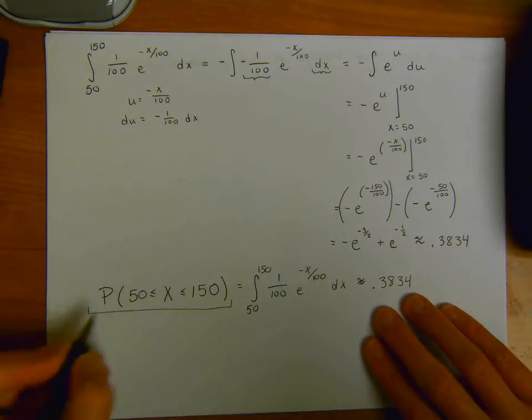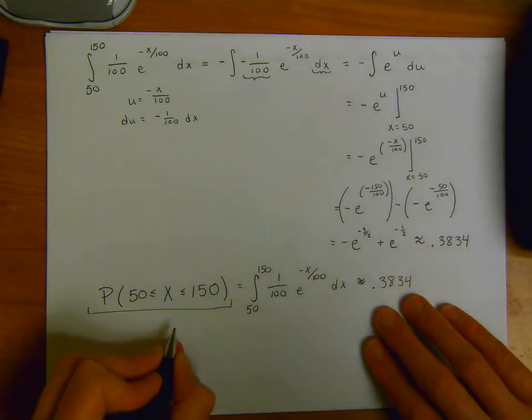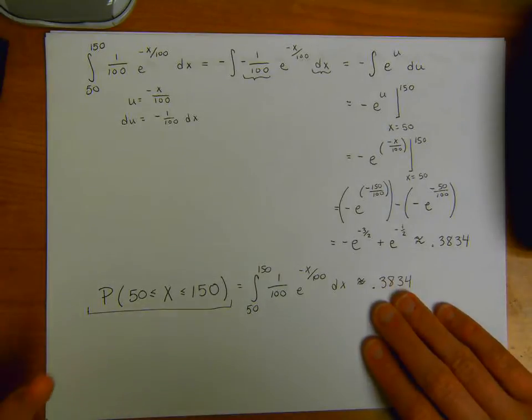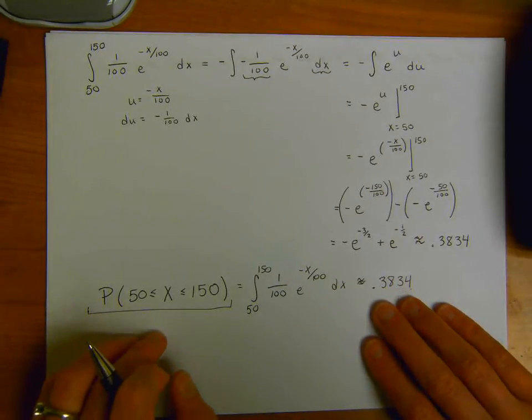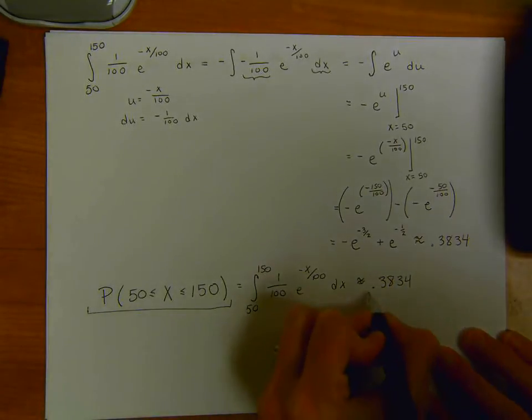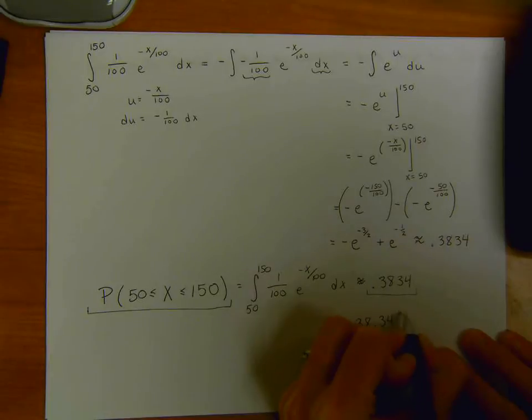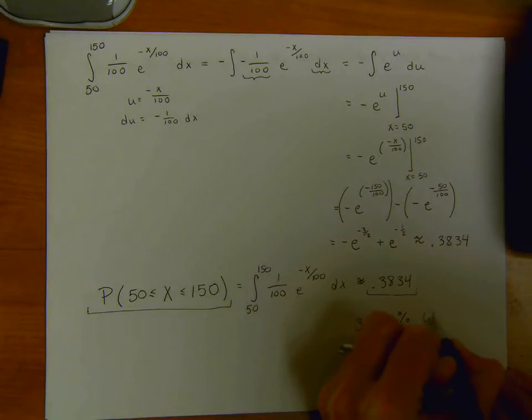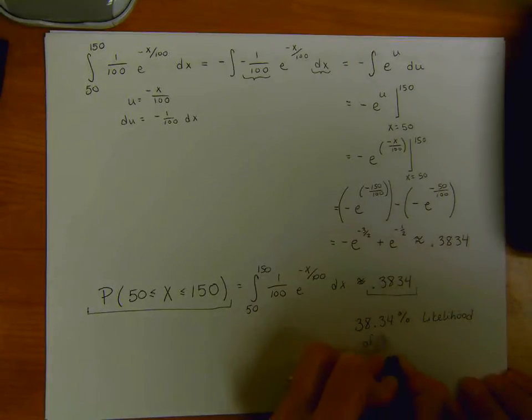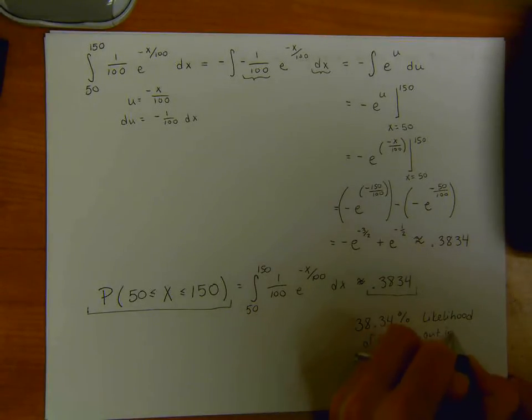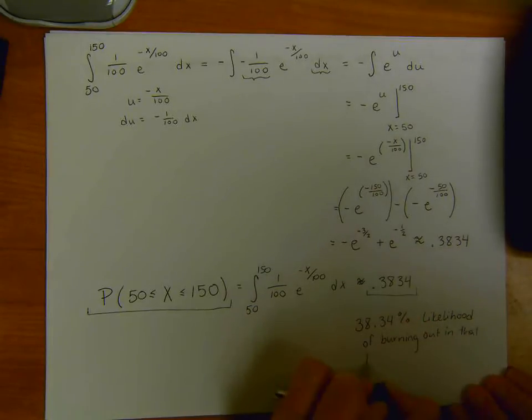Probabilities are values that fall between 0 and 1. Sort of like a 50-50 shot means it's 0.5 is the probability. So in this case, a 0.3834 value means that it has a 38.34% likelihood of burning out in that time period.